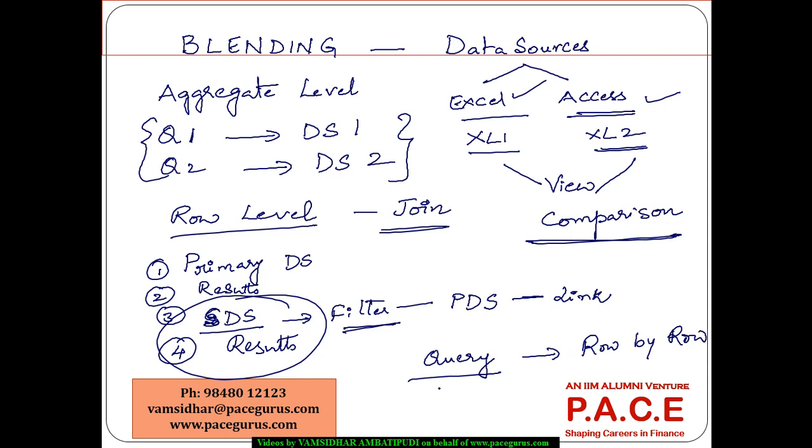Two separate queries, three separate queries, each query going to each data source, and after that, the aggregate results are blended. So I can have any number of data sources of different kinds of backgrounds, different types, all of them can be blended. So here what plays an important role is the linking field.